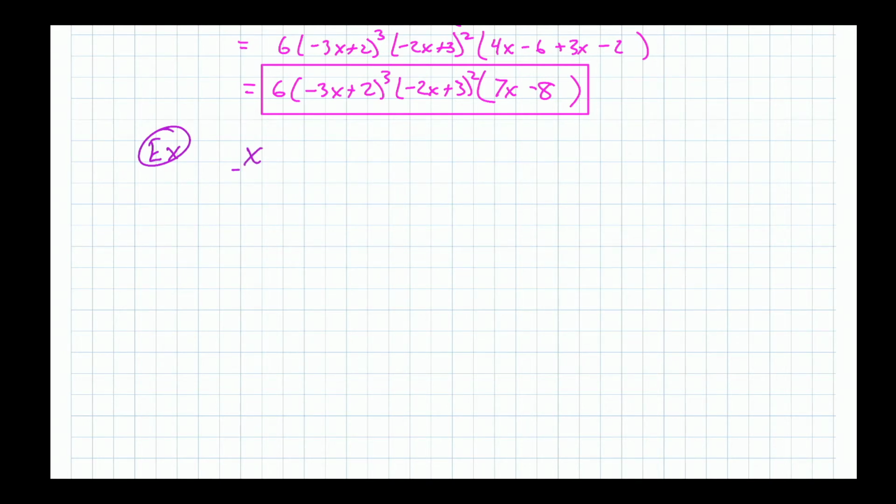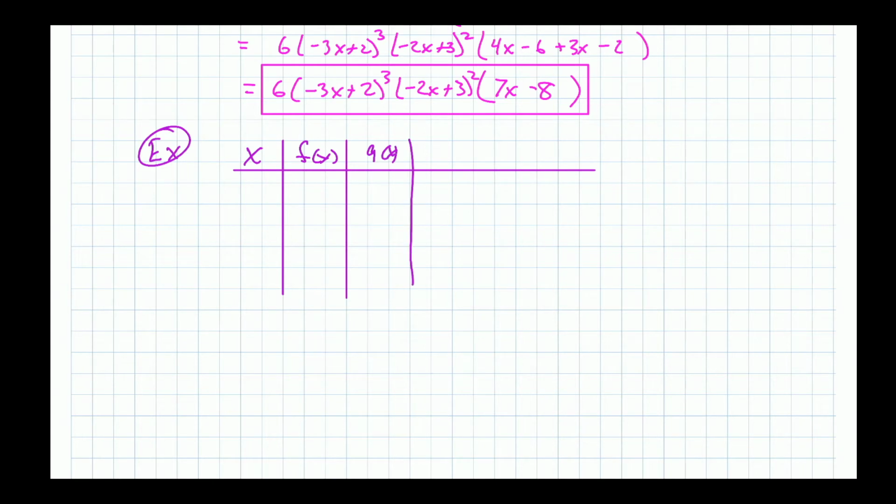So here's a problem. They gave us a table. They have x, and they're telling me f of x, g of x. I should put these all in first before I start talking about things. 1, 2, 3, 4, 5, one more, 6.